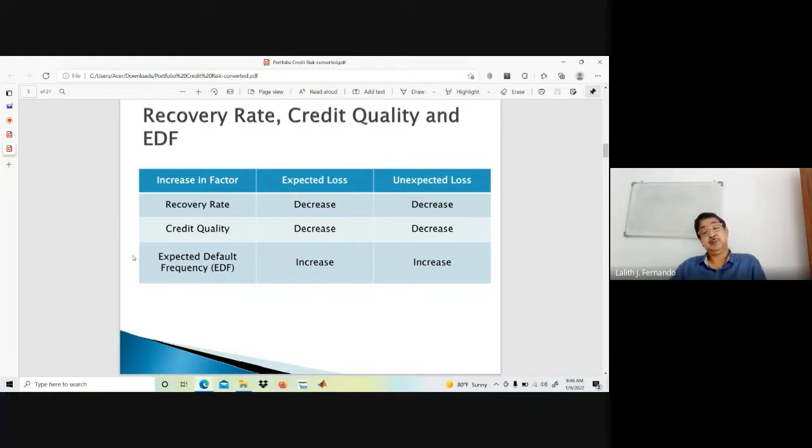But you have to be careful because it could increase the unexpected loss by a substantial amount. So this is the thing you need to understand. Especially when you deal with high volume advances, you have to be very careful about rating migrations because they increase the unexpected loss in an exponential manner. Now, sometimes people disregard that type of adverse migration by one notch.